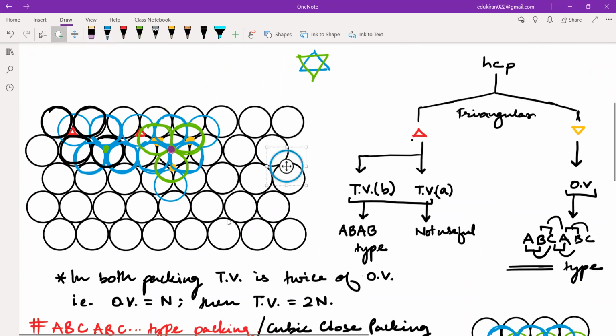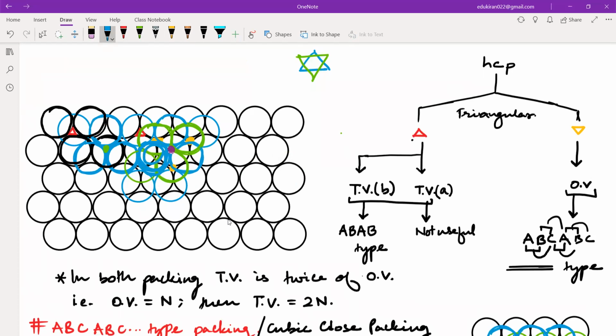Make it blue. Put it here. Then maybe I need one more atom, a green atom. So I want your focus on this blue atom.